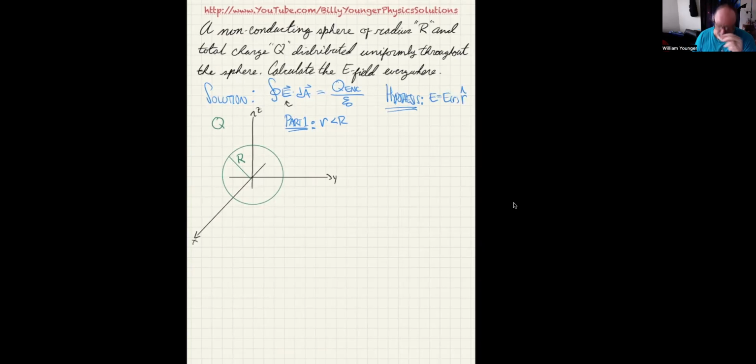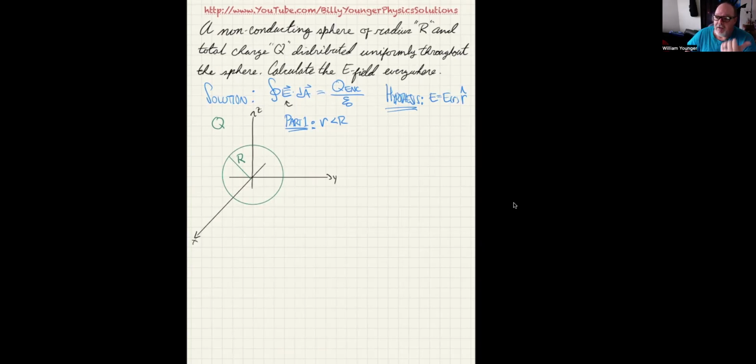So there's my hypothesis. Now I know if I draw a sphere centered on the center of the sphere, then the dA vector will all be r hats as well, so that the E and the dA are always parallel.